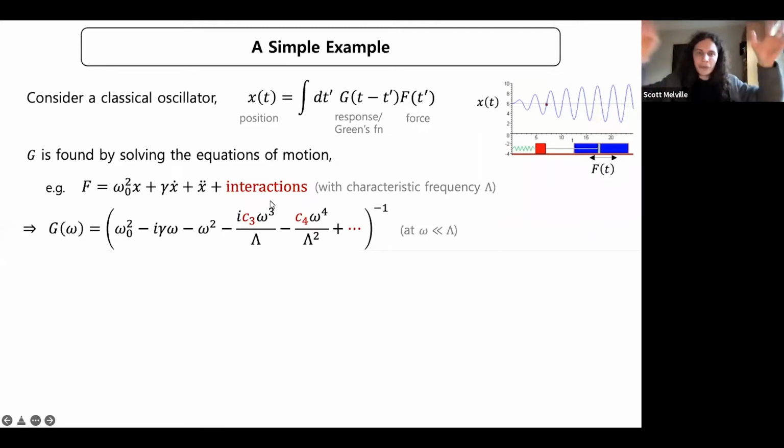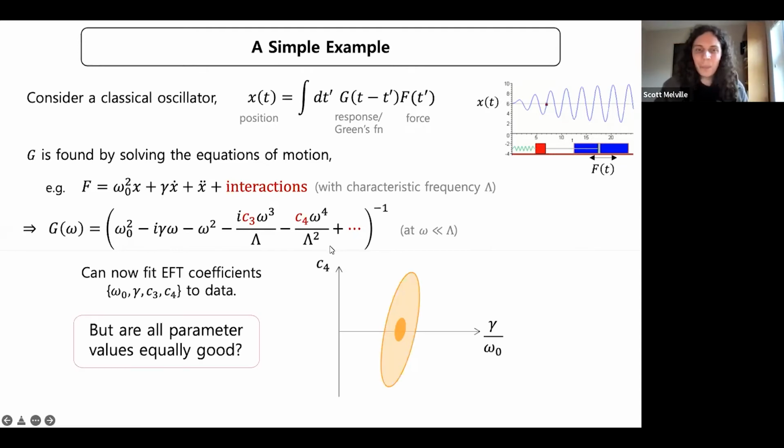Rather than solve the full complicated problem, what I can imagine doing is just Taylor expand G, or rather Taylor expand 1 over G, in powers of omega divided by this scale lambda. And so as long as I look at very low energies, much smaller than whatever characteristic frequencies determine these interactions, then this is going to be the answer. It doesn't matter how complicated the spring actually is, my low energy response is always going to look like this.